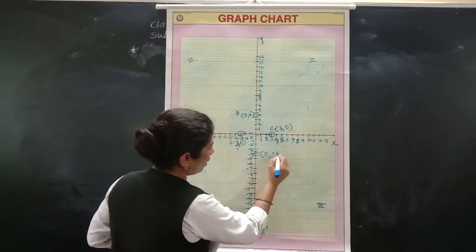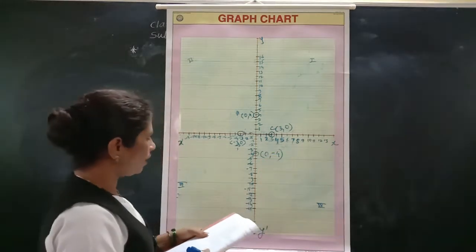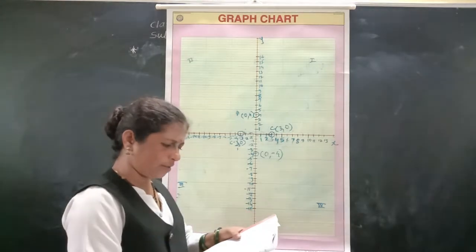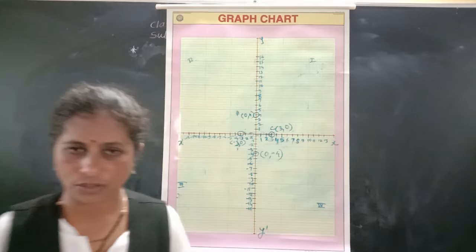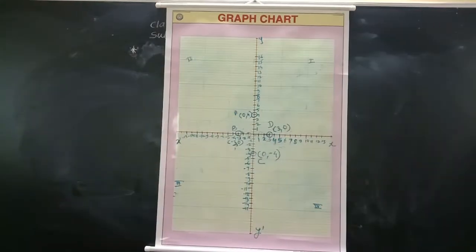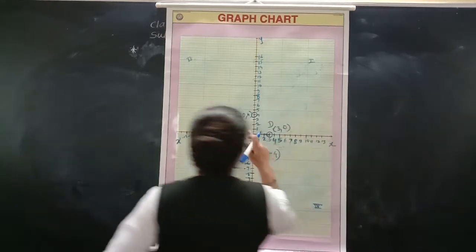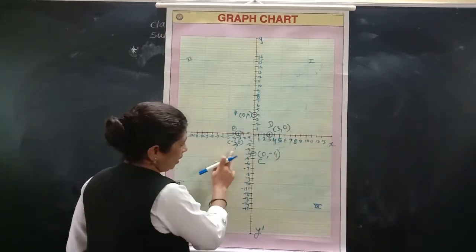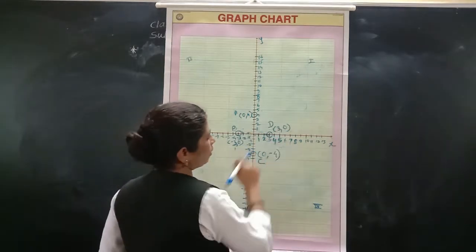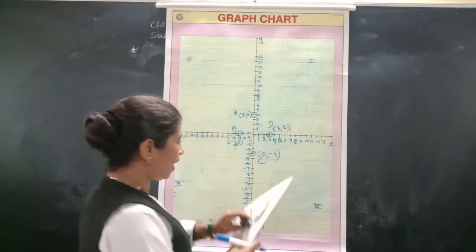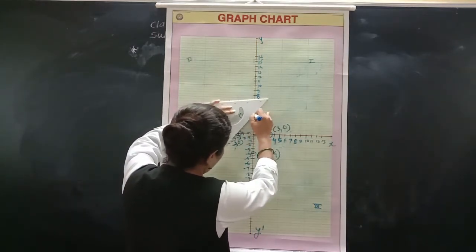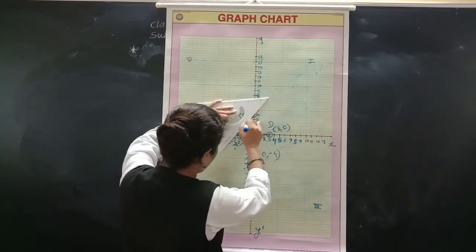So we have to join these points and name the quadrant in which AB and AD lie. Now these points are 0, 4 is A, B is minus 3, 0, C is 0, minus 4 and D is 3, 0. We have to join these points and find which figure is formed, and they have also asked two sub-questions, right?